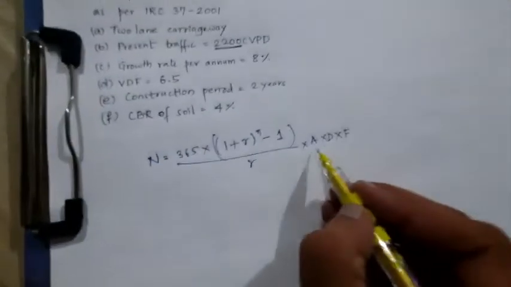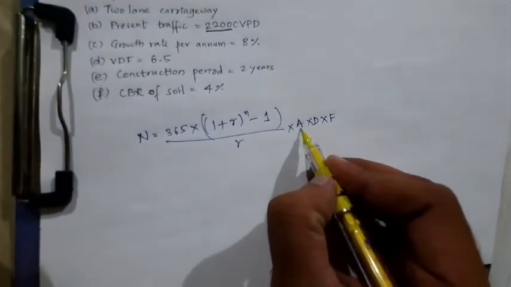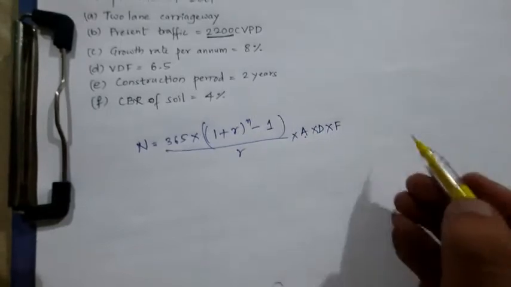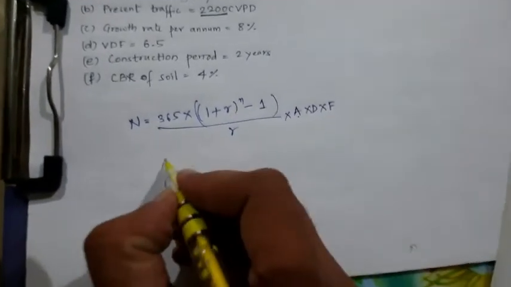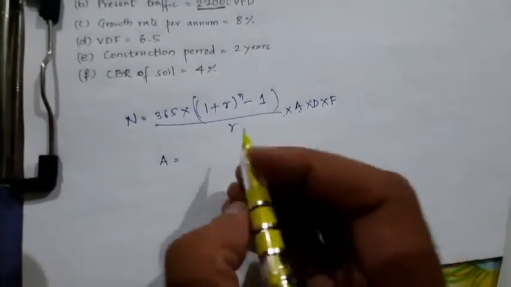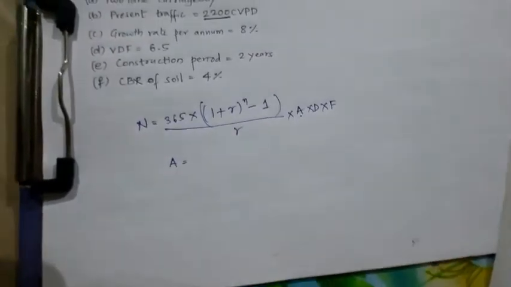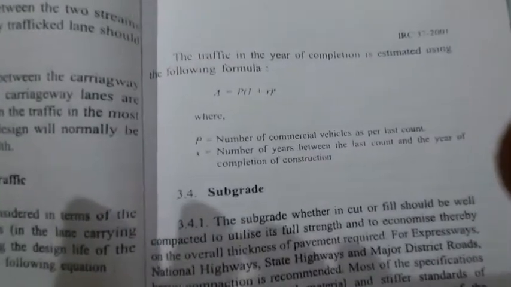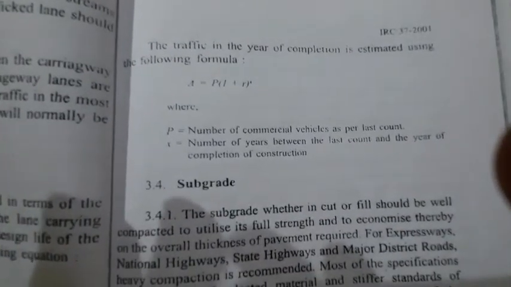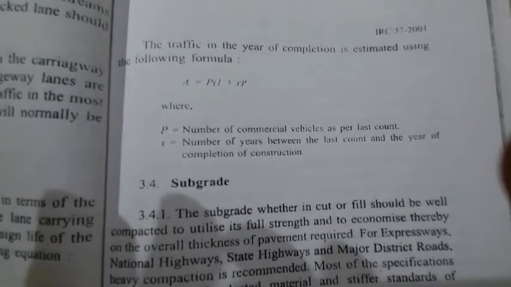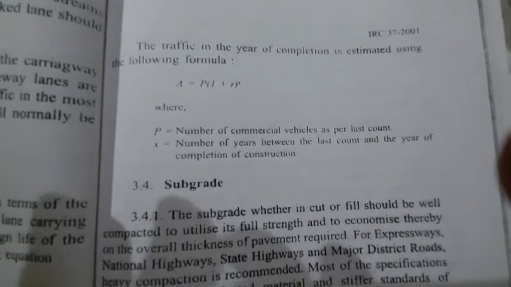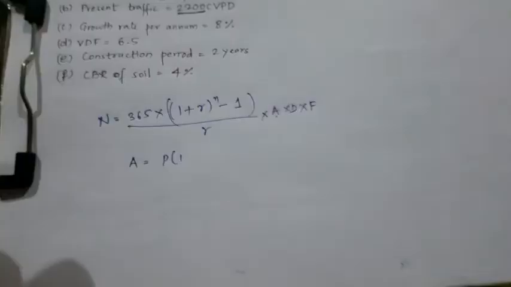So here they have given the traffic before construction. After 2 years, some growth of traffic will happen. So for that I am going to find A here. A is nothing but, that formula is given here in the code book, P into (1 plus r) raised to x. X is the number of years between the last count and the year of completion of the construction.